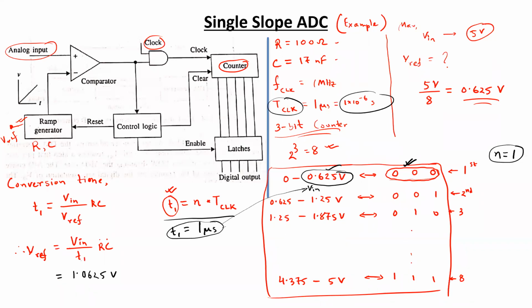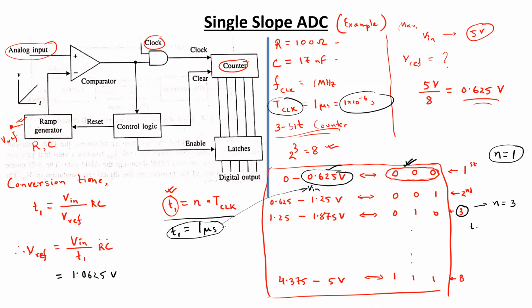Now, let's say that instead of considering the first quantization state, let us consider this third one. So upon receiving 3 clock pulses, the counter is going to give you 0, 1, 0, and the value of small n in this case would be 3, because the counter is receiving 3 pulses.